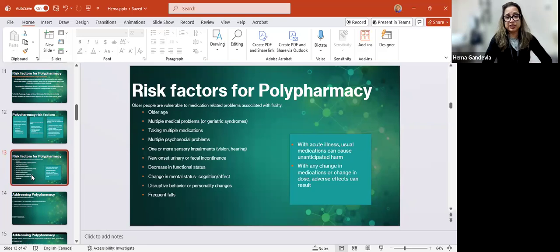Let's put everything together again. So what are the risk factors again for polypharmacy? Older people, especially who are more vulnerable to medication-related problems, they also have frailty.